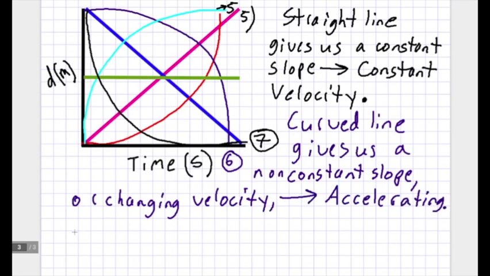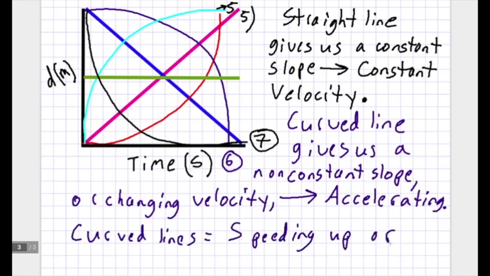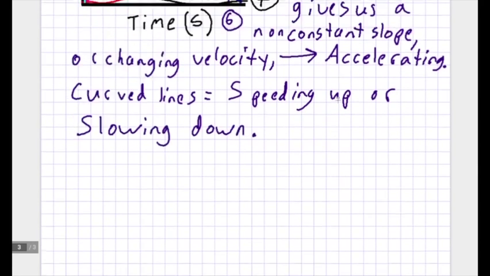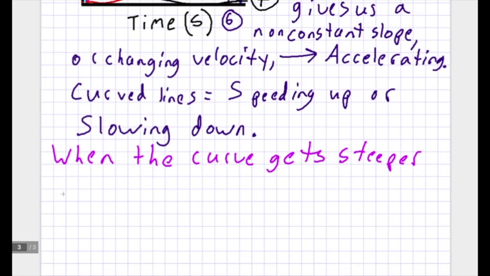Let's quickly talk about how we can identify when that curved line is either speeding up or slowing down. As we mentioned before, slope will give us the velocity. So if the slope is getting steeper and steeper, that means that our velocity is getting faster and faster, which means that we are speeding up, and it's going to look something like this.